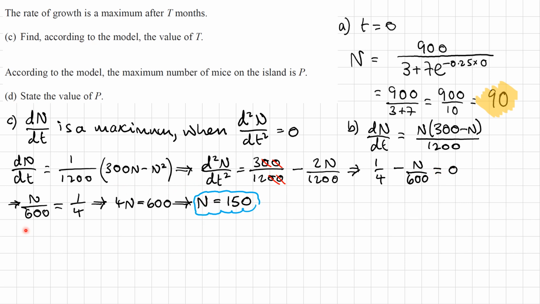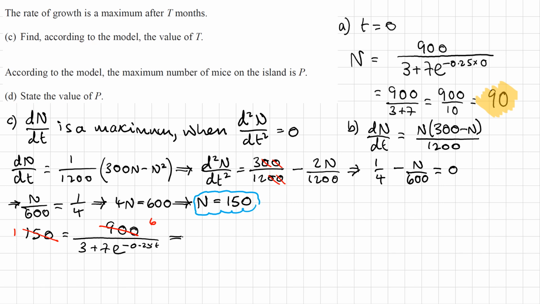So we'll now substitute that value of n into our formula where we have t. So we'll basically have 150, that's n, is equal to 900 over 3 plus 7e to the negative 0.25t, and we want to solve for t. We'll start by dividing both sides by 150, so we're left with 1 here, and we're going to be left with 6 here.